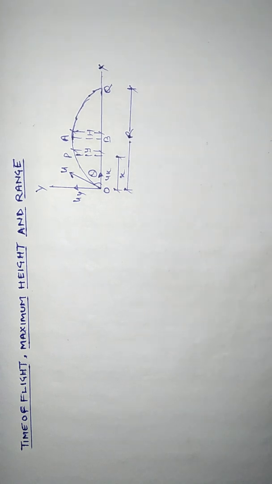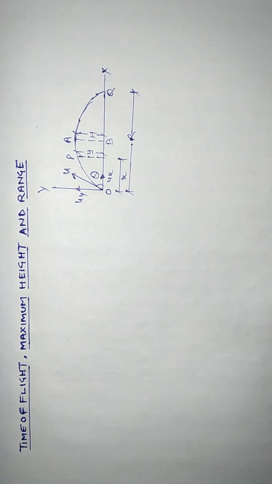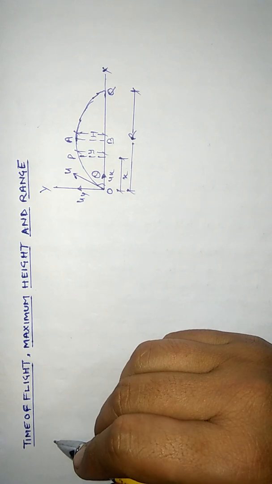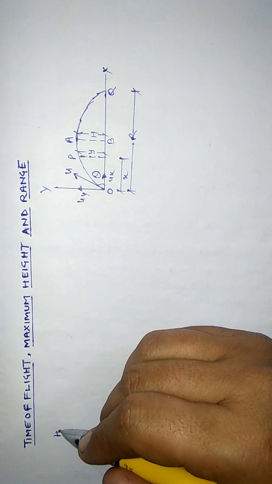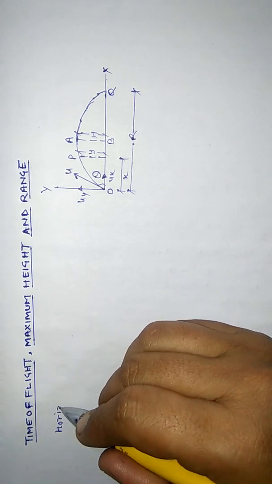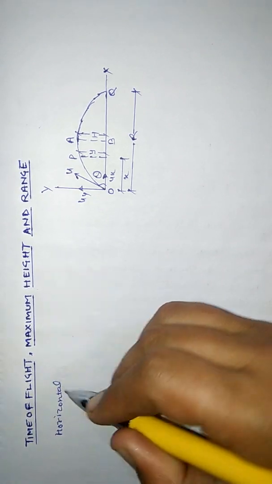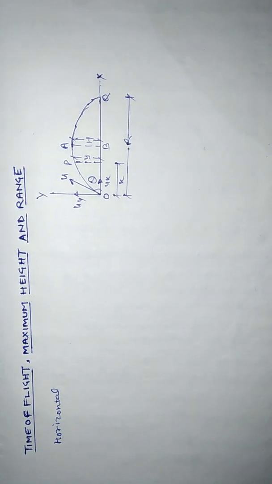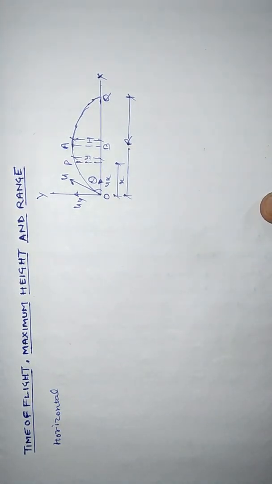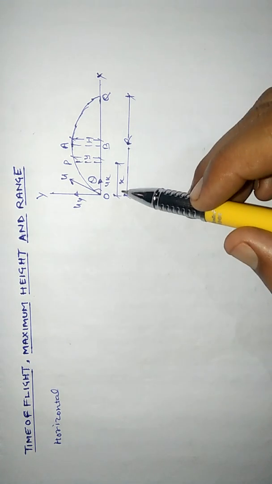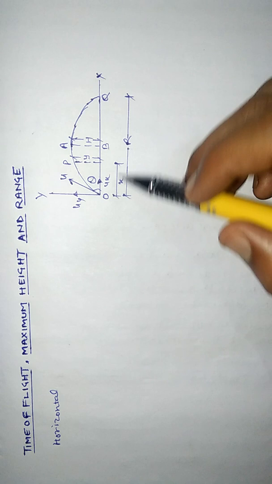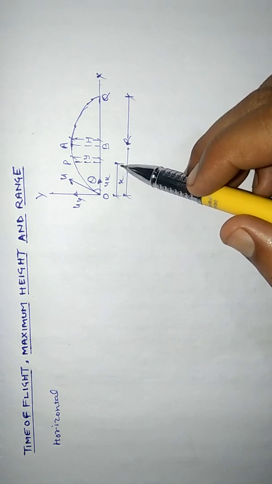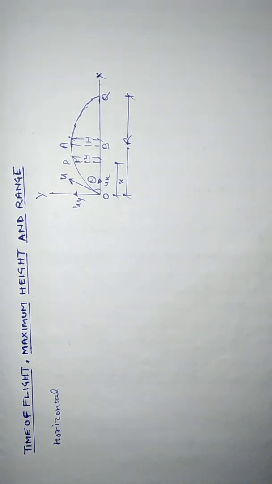Now just recalling the things from our previous video, for motion along horizontal, we have calculated that the distance traveled along horizontal is x, and the acceleration along horizontal is 0.